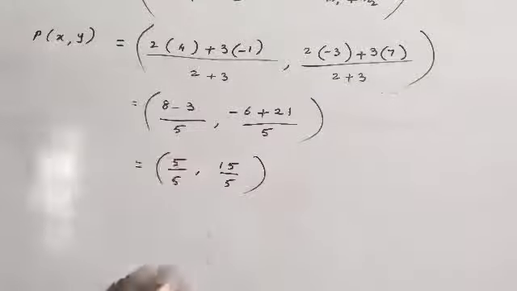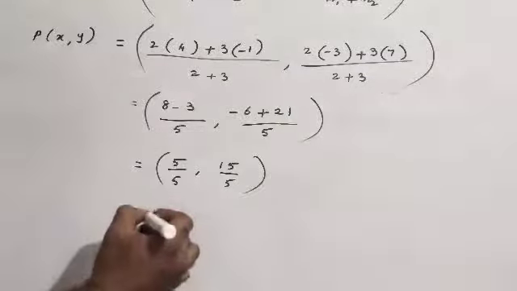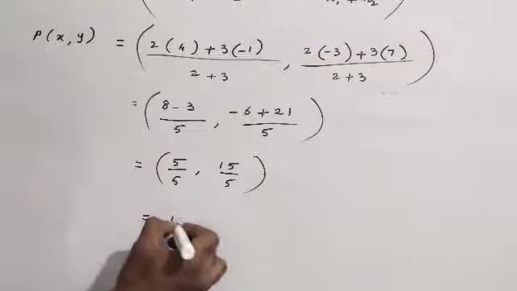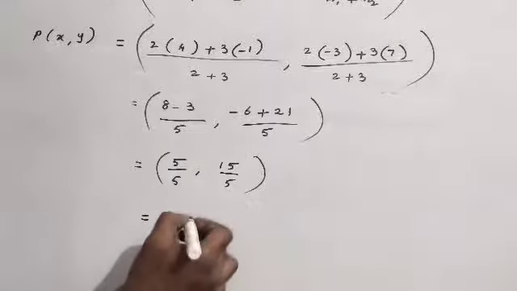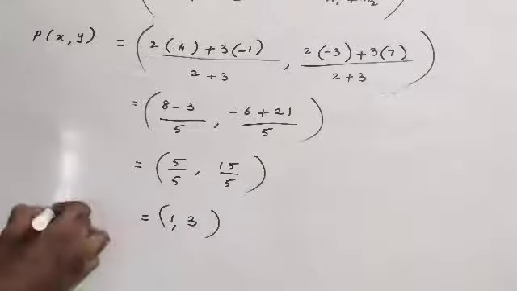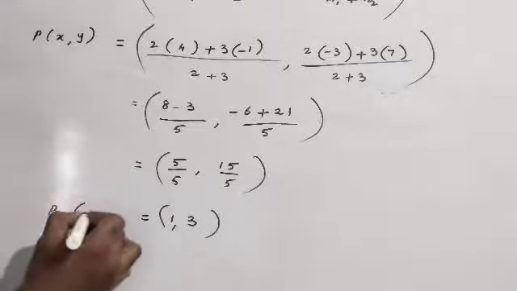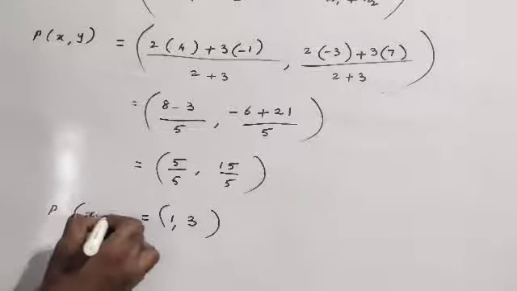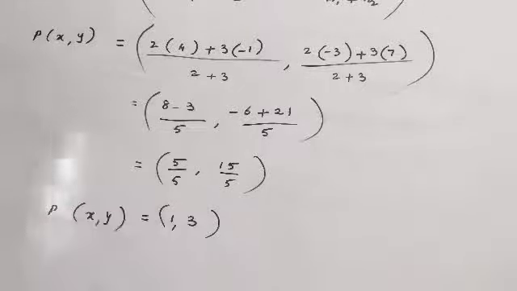Now by using the 5 table we can simplify this. 5 divided by 5 is 1, 1 5s are 5, 3 5s are 15, so 1 comma 3. So the point which divides the line segment AB is (1, 3).